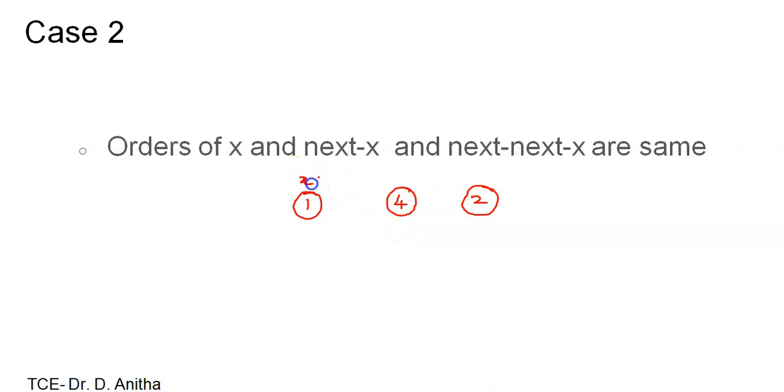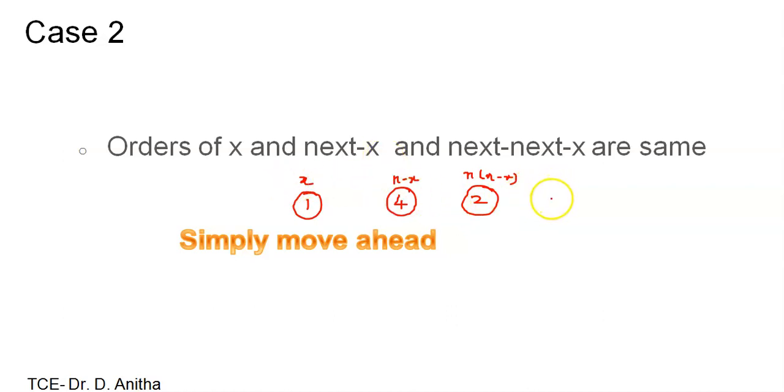So I have this x, this is next x, this is next of next x. These are all siblings, so all the degrees are the same. This is case 2. What should I do? Simply move ahead. You need not perform anything. Is it very surprising, right?